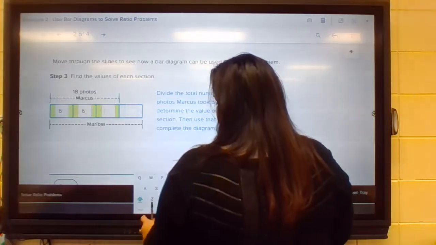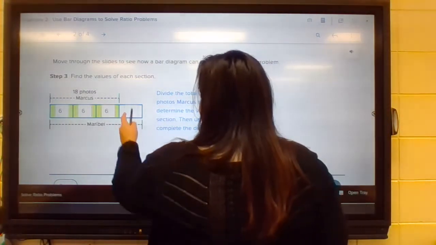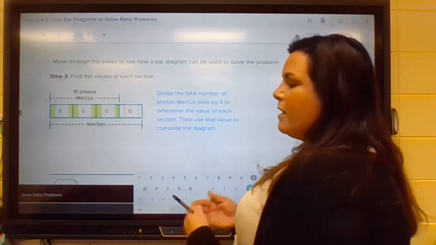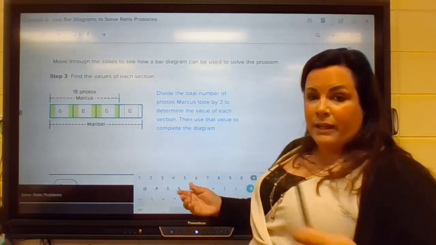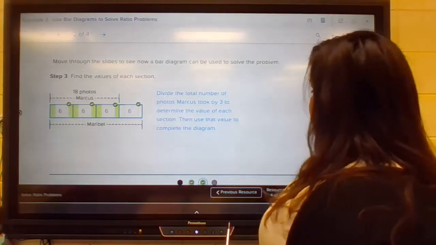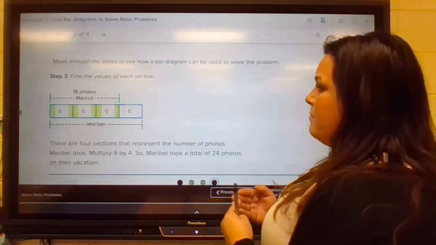Put them in there. And this final section would also be worth the same amount, right? Each of those would be worth the same amount because the sections are all the same size, right? We divide it. So we check, we get 6 in each section. So then, how many total did Maribel take?